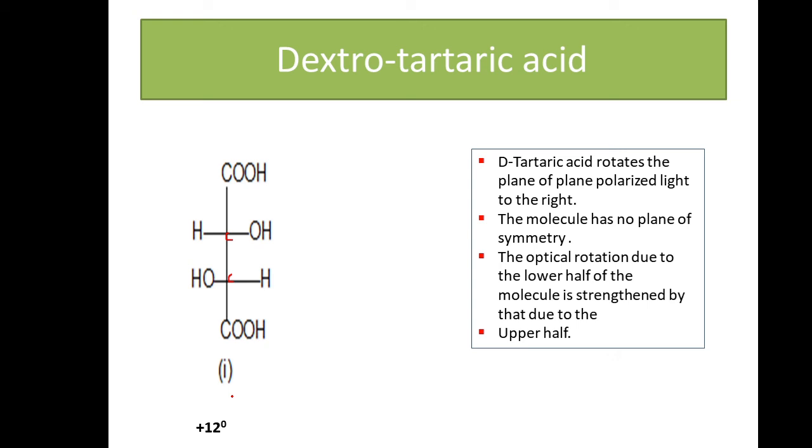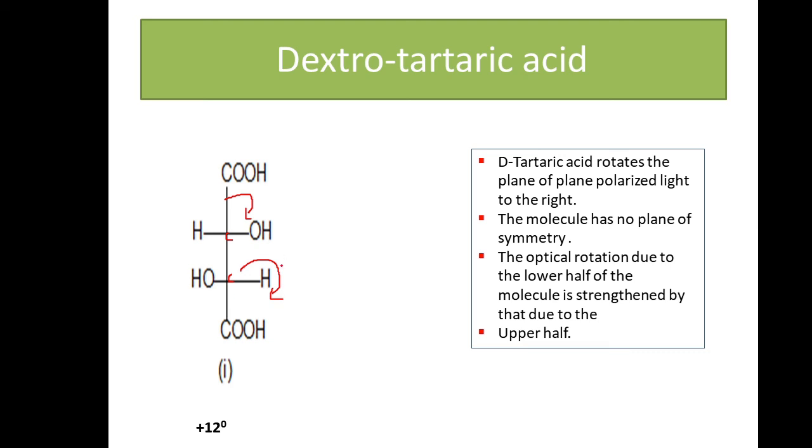The molecule has no plane of symmetry. The optical rotation due to the lower half of the molecule is strengthened by that due to the upper half. That means this is one stereogenic carbon. If this part rotates the plane of plane polarized light towards the right, the upper part also rotates the plane of plane polarized light towards the right.